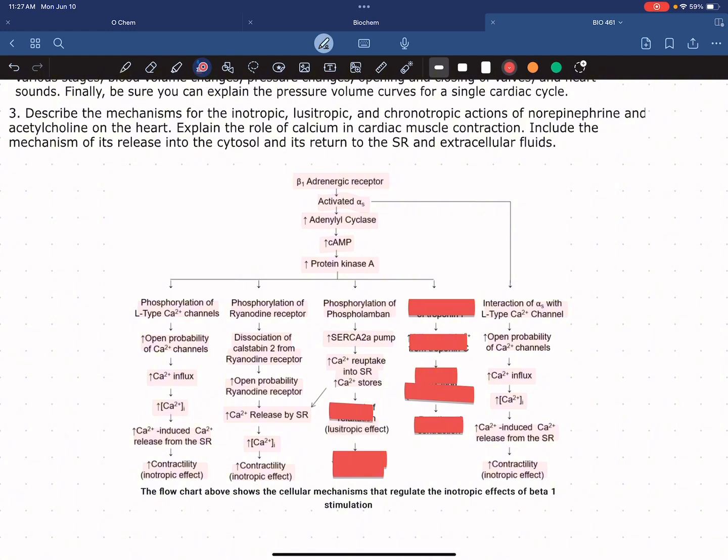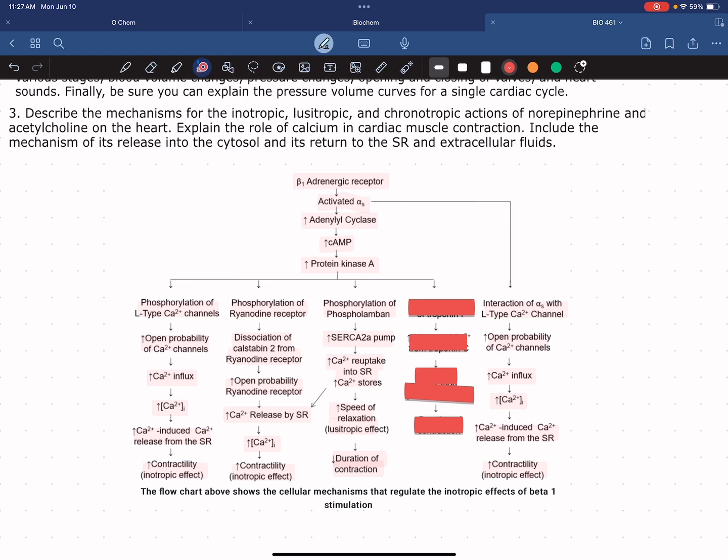But we can also have an increased speed of relaxation due to that reuptake of calcium. That is what we call the lusotropic effect. If relaxation happens faster, in opposition to contraction happening faster, that is the lusotropic effect.